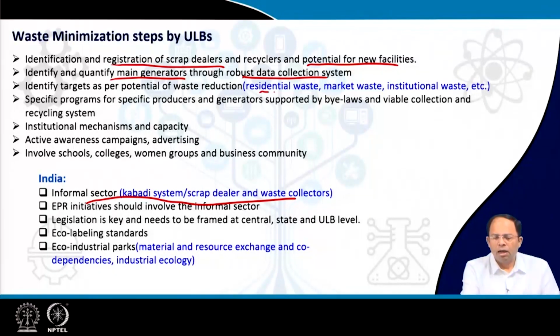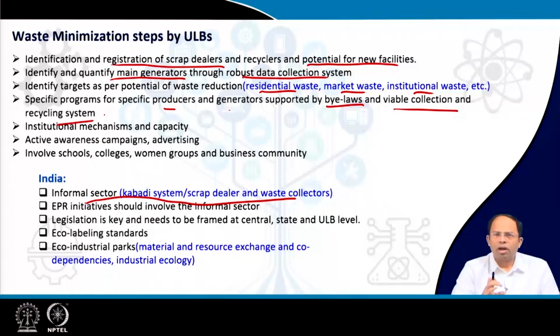For example, how much reduction can happen at the residential level, at the market level, or at the institution level, and accordingly we have to design specific programs for different kinds of producers or generators. These approaches have to be supported by municipal bylaws and a viable collection and recycling system.